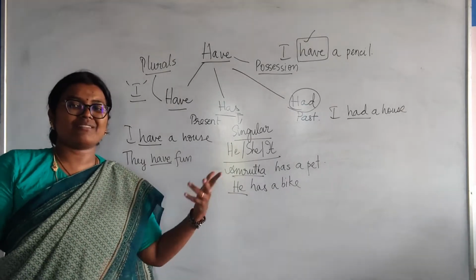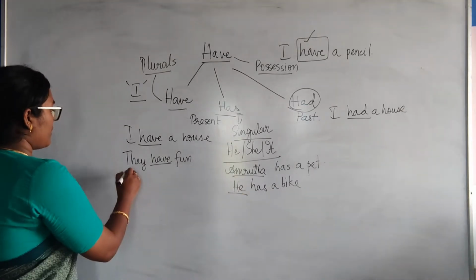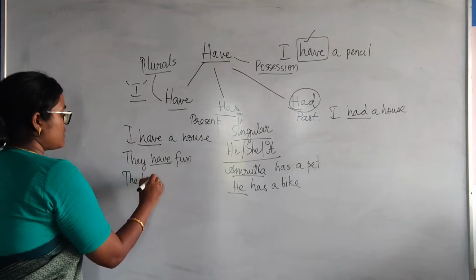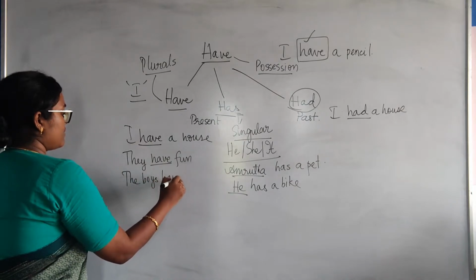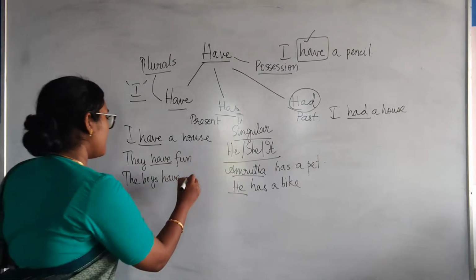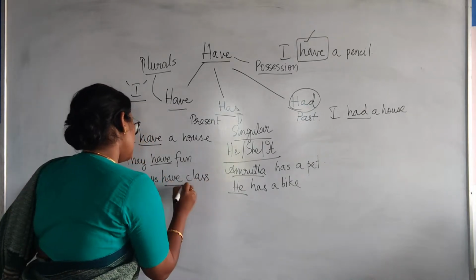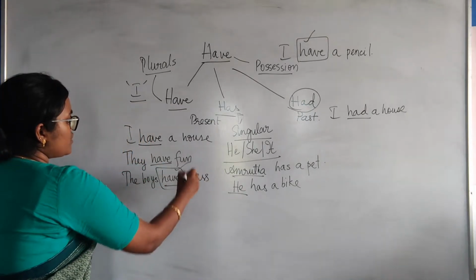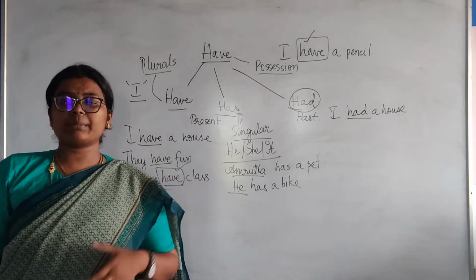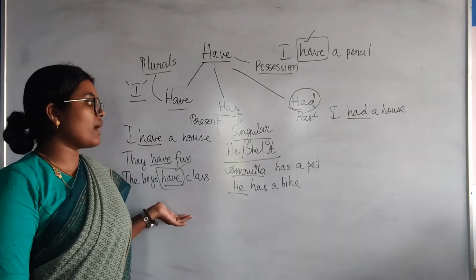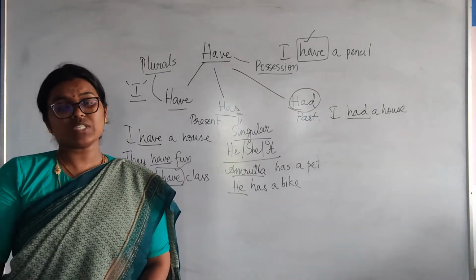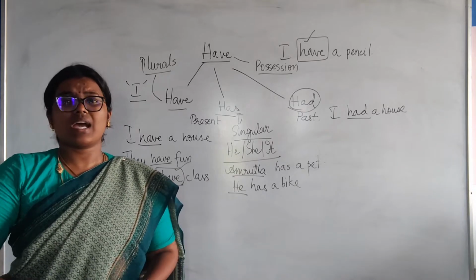Alright, means they generally have fun. Now, the boys have class. Boys is again plural, so here we tend to use have. So whenever we talk about plurals, we always use have, and when it is singular, we generally tend to use has.